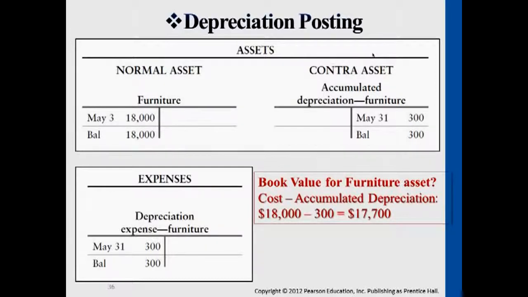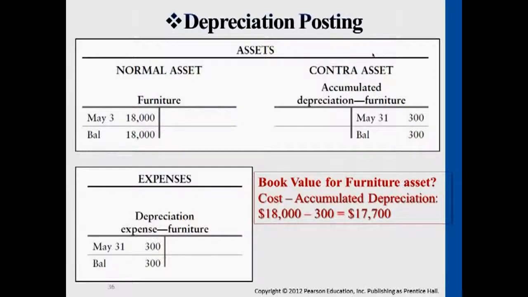So if a question gives you three T accounts and asks what the current book value of the asset is, think about the current value of the asset. That would be the original $18,000 minus the value that you see under accumulated depreciation, $300. So the current value of the asset, after using it for a month, you can measure as $17,700.